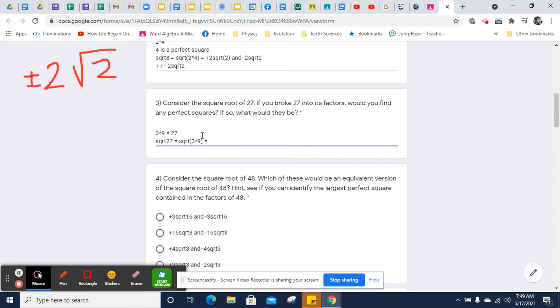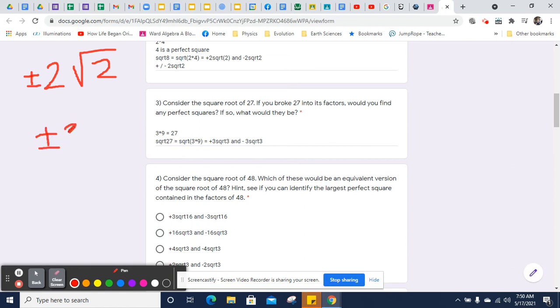So the square root of 9 is 3. And then we're still left with the square root of 3 in square root jail. So that's, of course, going to be a plus and minus 3 square root of 3. And once again, we could write that as plus or minus 3 root 3.